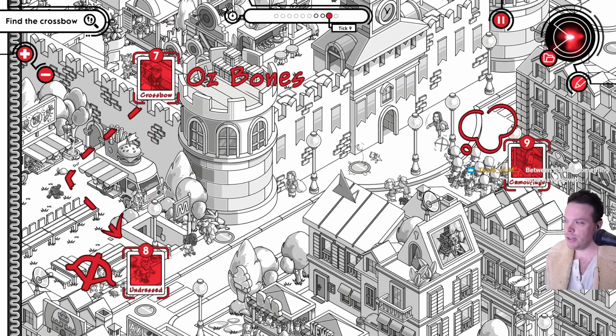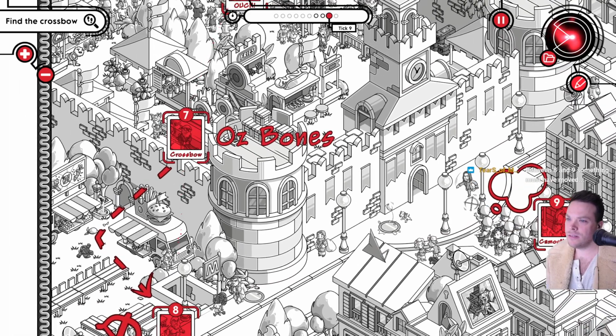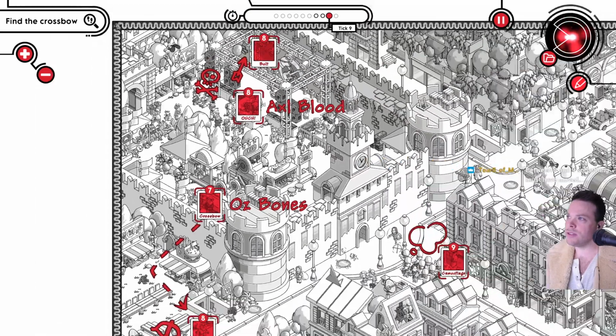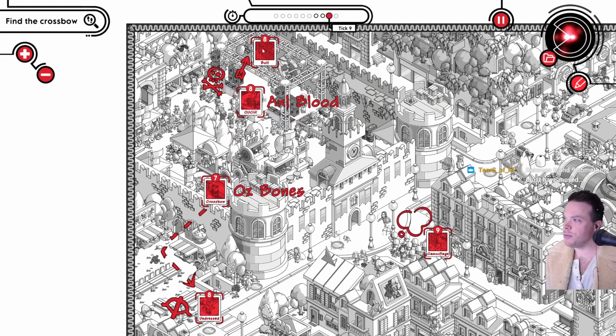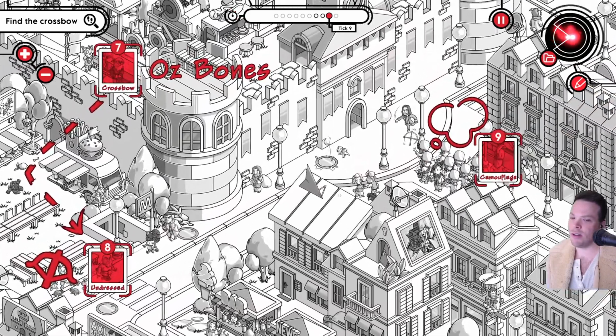The red dotty line goes here to there and then up a bit. No, it's doing dotty lines from all the other previous things too, to here. So that's not necessarily helpful.